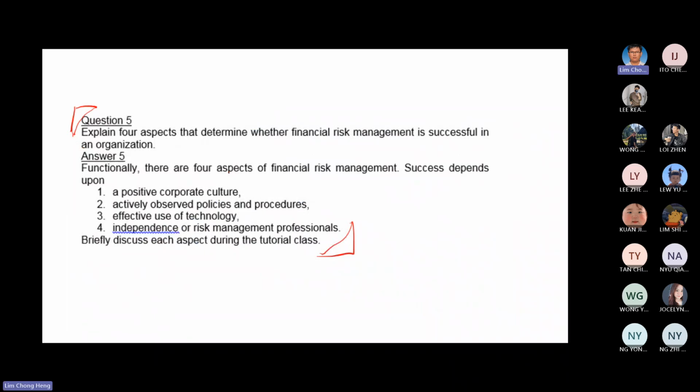Last question 5. A very popular question in the final or in the midterm. But every time it comes out, I don't know if it's my problem or the students' problem. I will always say, to determine whether a risk management system is successful, you want to know whether one company's risk management is good or not. We have these 4 components, 1, 2, 3, 4.